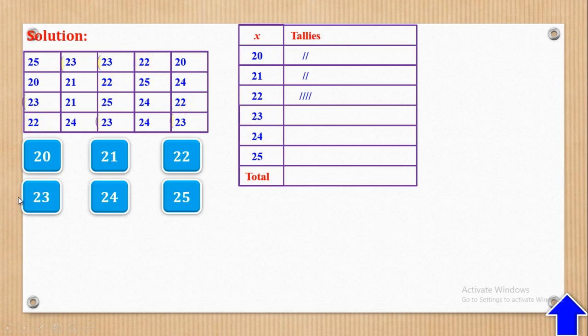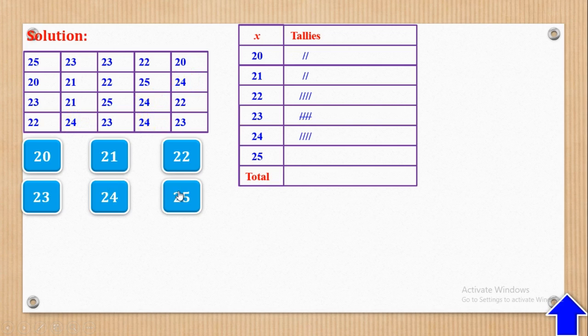Then when you go to 23, we shall realize that they are 1, 2, 3, 4, 5. So we shall put bundles of 5, but remember the 5th one is a cross. Always note that in tallies, after 4, the 5th one will be a cross in between those 4 slashes. Then when you go to 24, you realize that they are 1, 2, 3, 4, so we put 4 slashes to denote 4 values of 24.